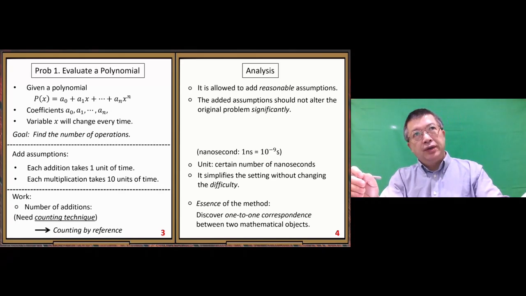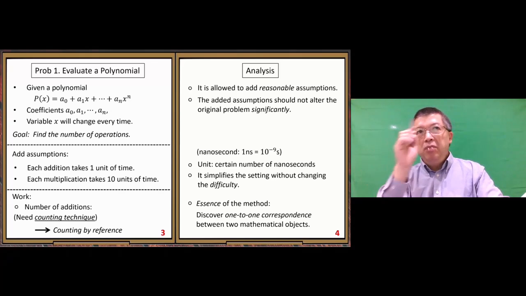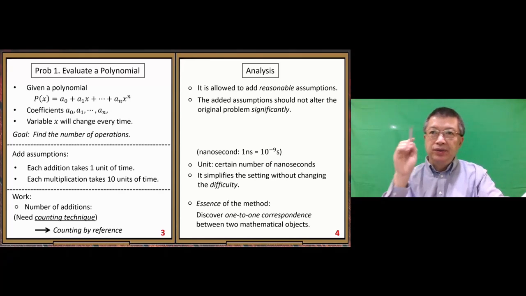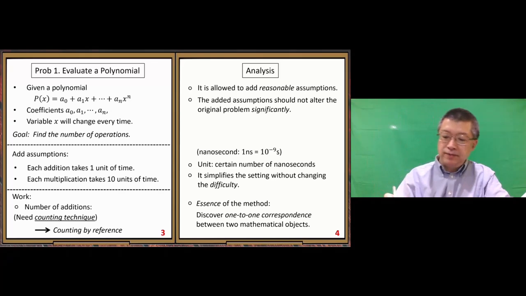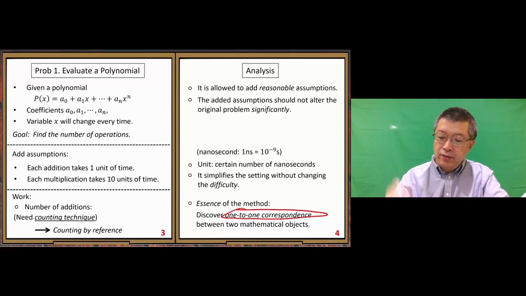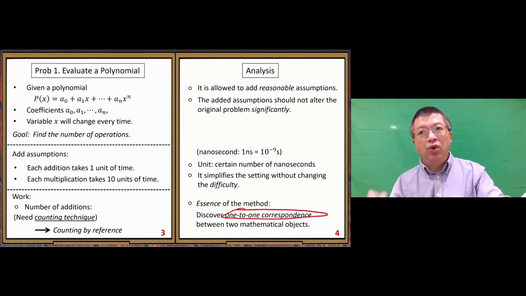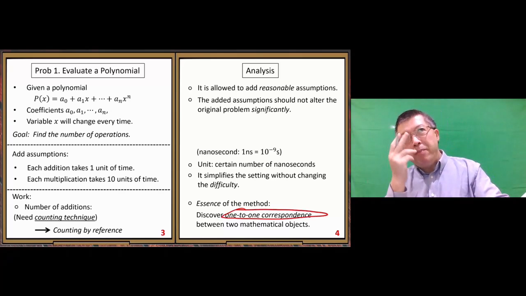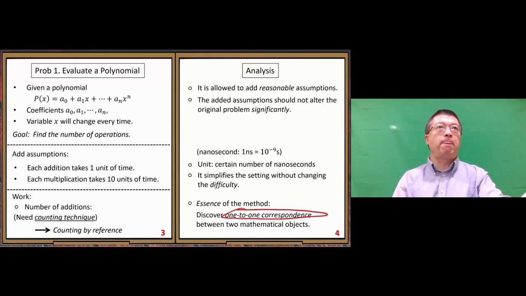To apply it successfully, we need to discover an important rule. That rule is one-to-one correspondence between two mathematical objects. What kind of mathematical objects?